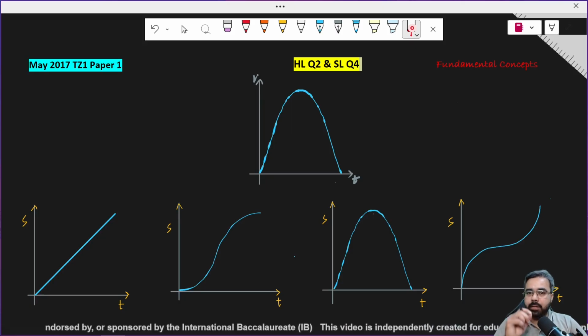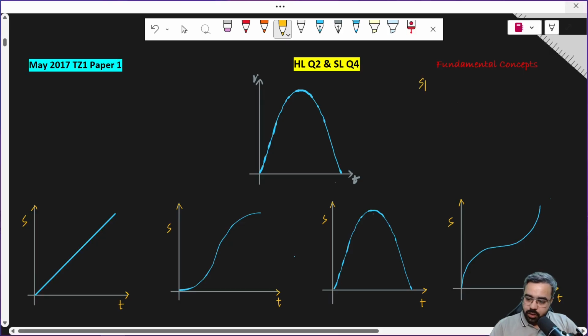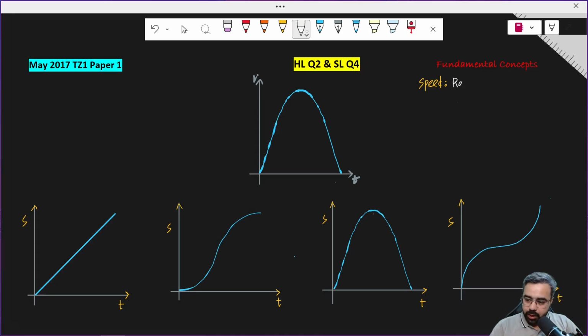But first of all, I will explain what speed is and how we calculate it graphically. Speed is just the rate of change of distance. We cannot say it is the rate of change of displacement, that is the velocity, and velocity is a vector quantity. Speed tells us how fast or slow the object moves, how its distance changes with respect to time.